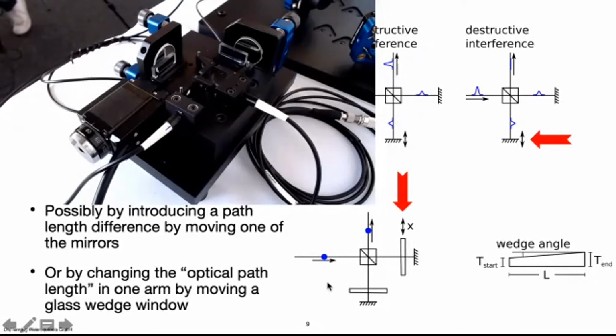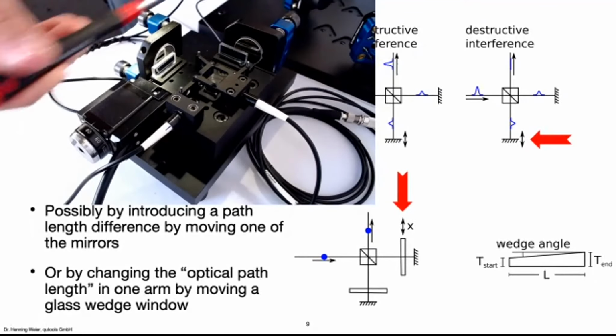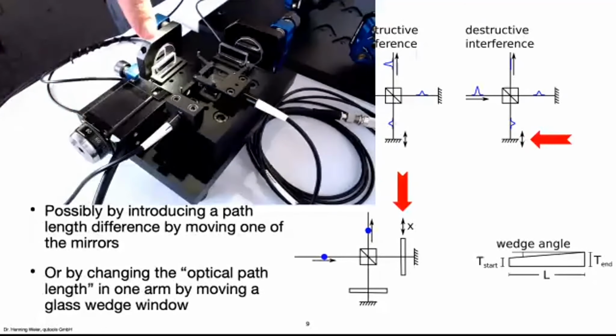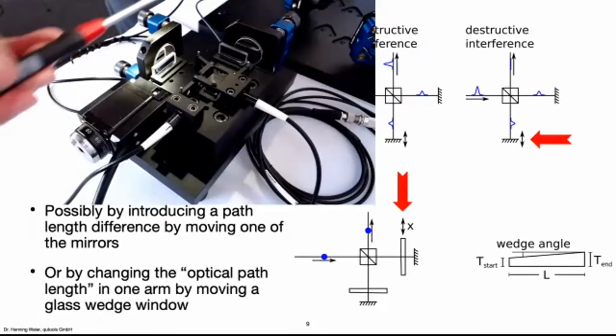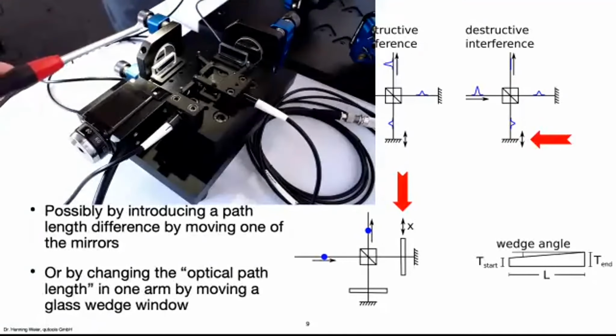Right, let me show you again, I hope that you can see this too. There's actually this glass, this wedge window here that we are moving in and out like this, right? This is a stepper motor, and this changes the position of a sliding piece here, and this moves the wedge window in this direction.